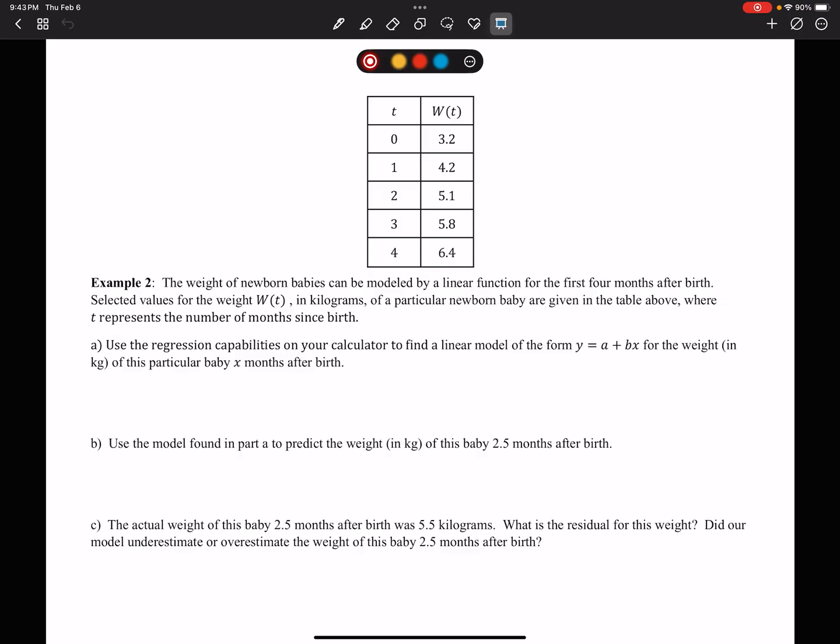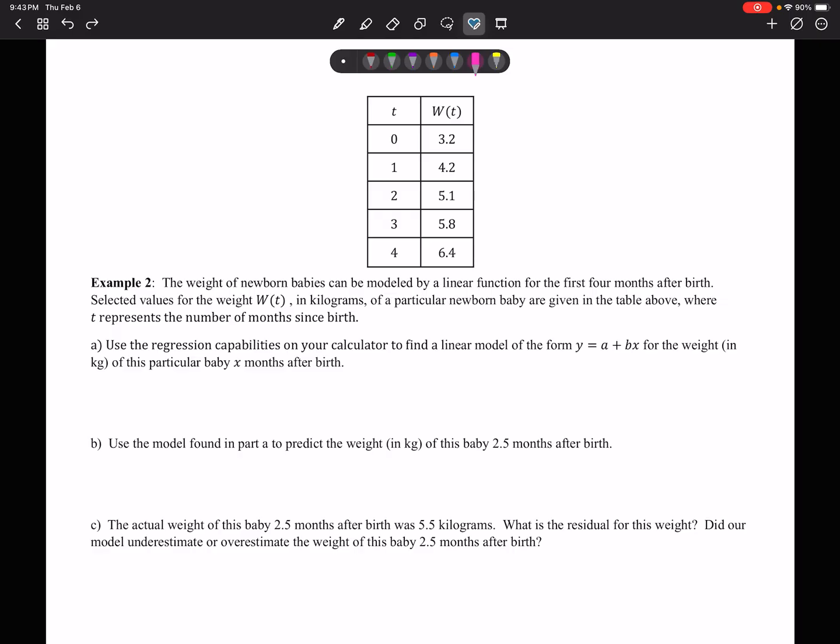Right here, we're going to look at this table. This table represents the weight of a baby in kilograms after a given number of months that it's been born. So after a number of months after birth, they weigh the baby. So when the baby's born, a month later, 2 months later, 3 months later, 4 months later.